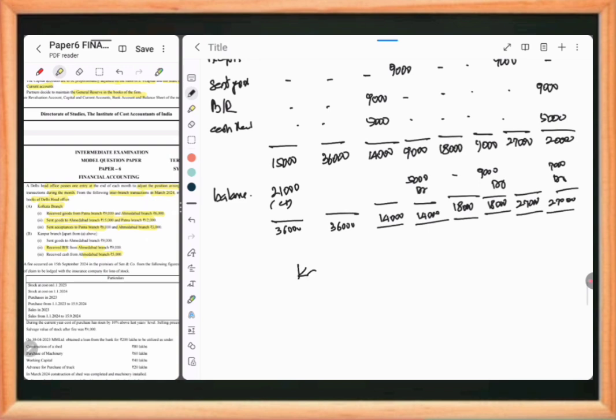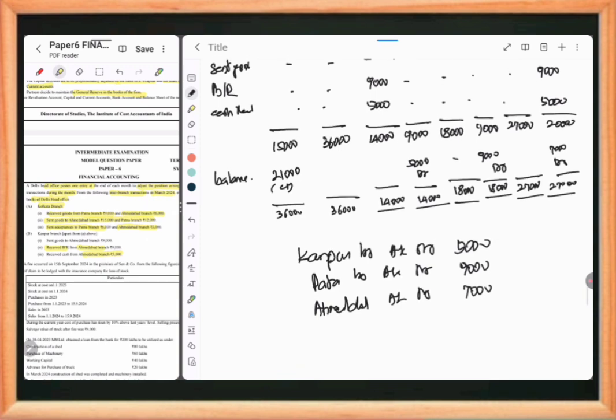Kanpur branch account debit 5,000, Patna branch account debit 9,000, Ahmedabad debit 7,000, to Kolkata branch 21,000. 5,000 plus 9,000 plus 7,000 is 21,000.